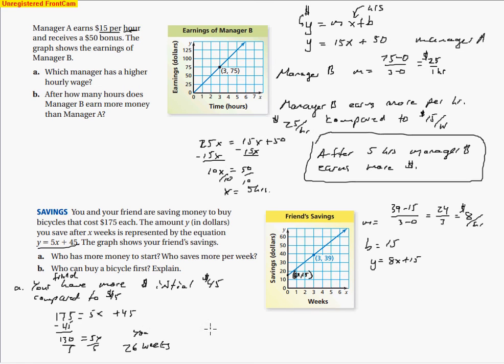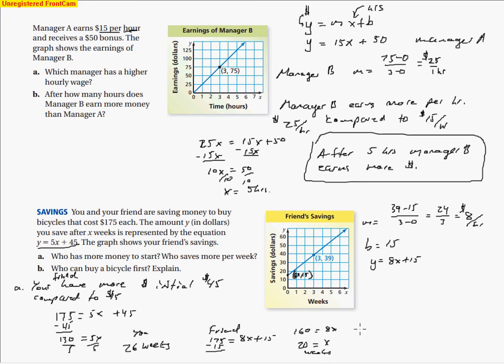And then your friend is going to end up being 175 equals 8x plus 15. So when I subtract the 15 from both sides, we end up with 160 equals 8x. And we're going to go ahead and do our division. We end up with x equals 20. So 20 weeks.